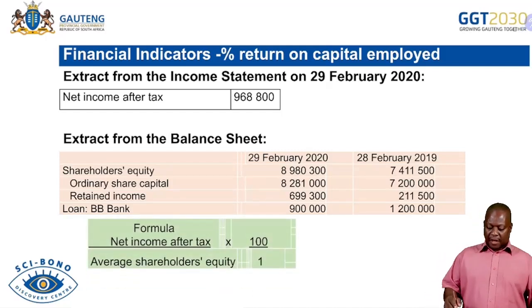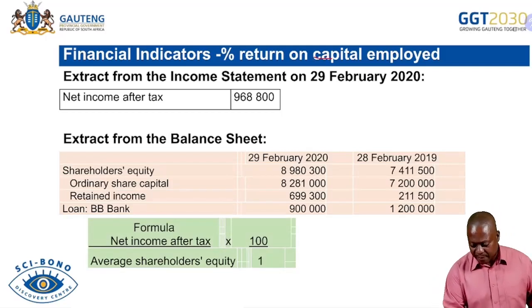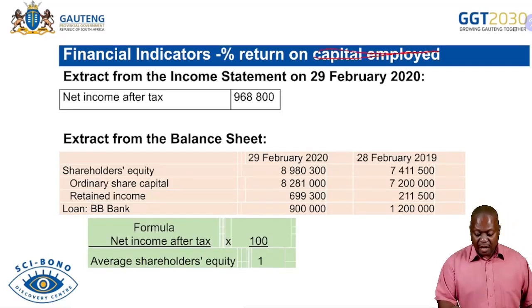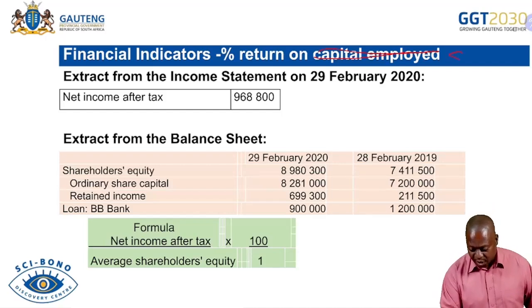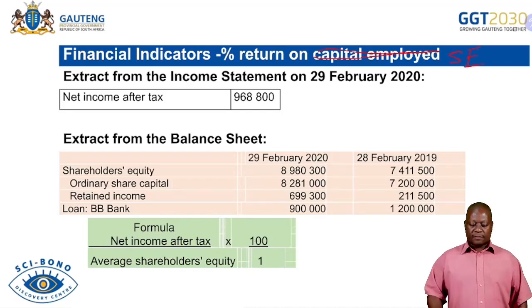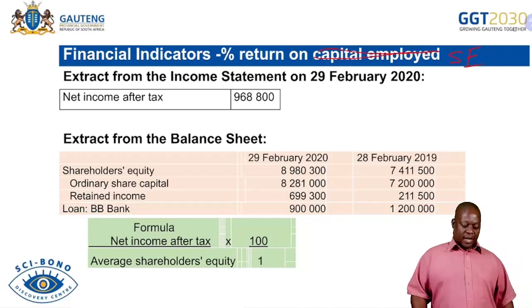In this case, I think there is a mistake here because it says capital employed. It's supposed to be shareholders' equity according to the question that we had. Percentage return on shareholders' equity, not on capital employed, because it will mean a different calculation altogether.